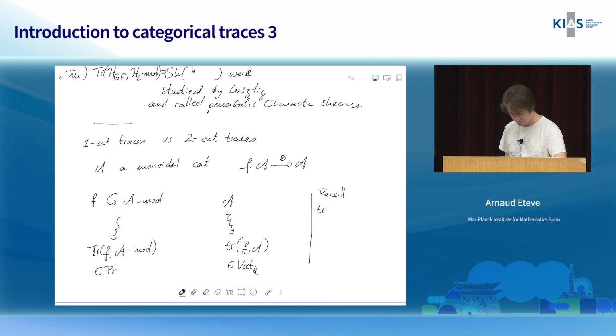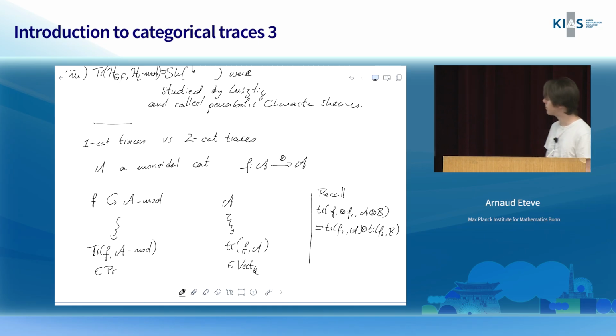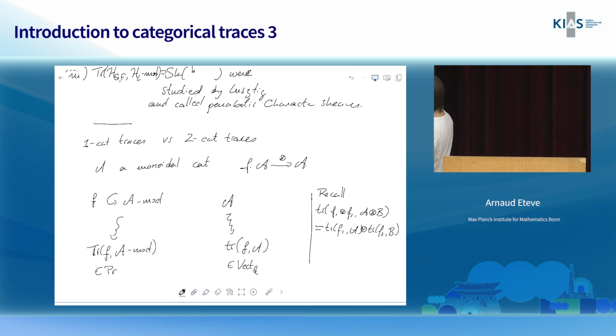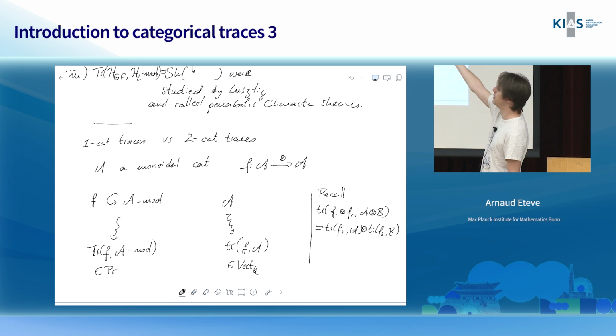So the trace of F1 tensor F2 on A tensor B is the same as the trace of F1 on A tensor the trace of F2 on B. And that symmetric monoidality tells you that the trace sends an algebra, namely a monoidal category here, onto an algebra.